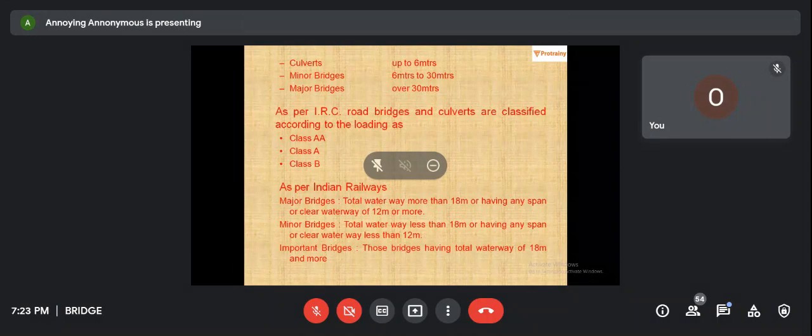How much load that bridge is going to bear at a given time. As per that, IRC defined 3 classes for bridges in India: class AA, then class A, and then class B.